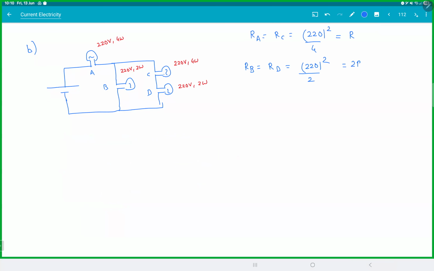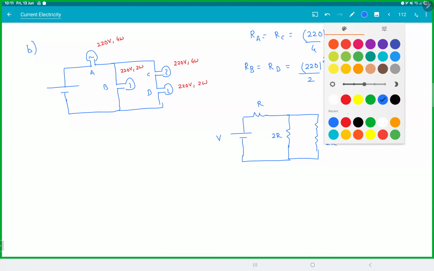Let's call it 2R. This is R, this is 2R. R and 2R.